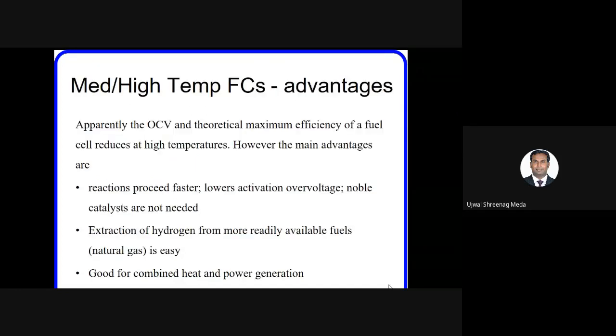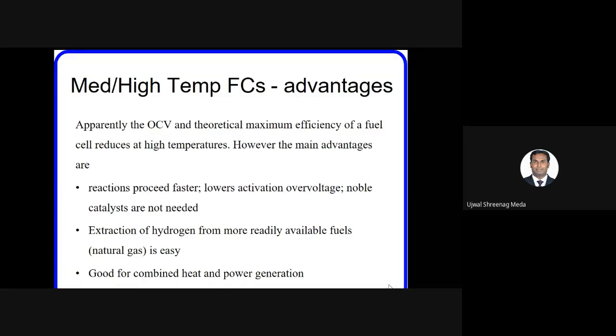To continue, it falls under medium temperature fuel cell, and these are certain general advantages of fuel cells which fall under the category of medium and high temperature fuel cells. The open circuit voltage and theoretical maximum efficiency of a fuel cell reduces at high temperatures.